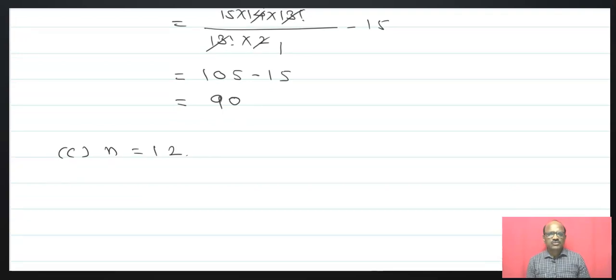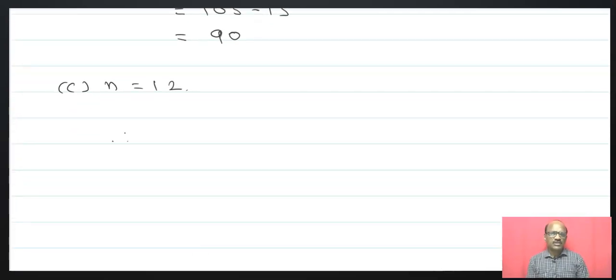When n is equal to 12, again substitute: the number of diagonals is equal to 12C2 minus 12.